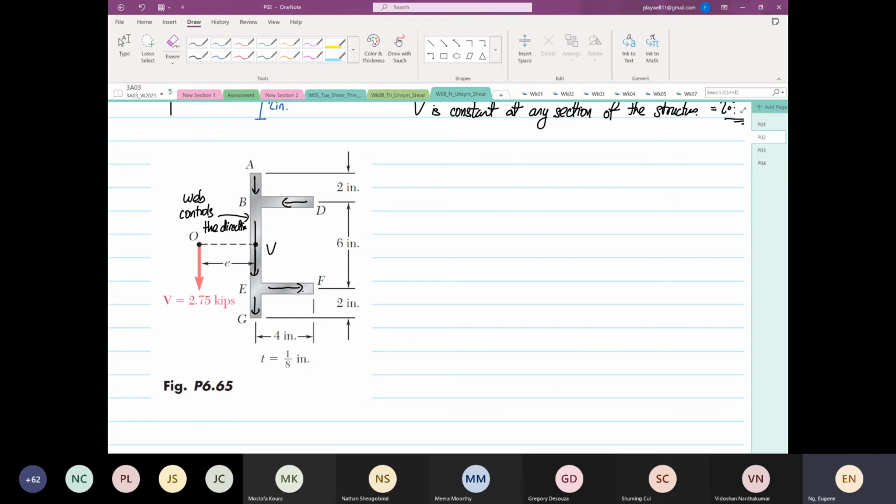Now we are going to label this. This arrow over here, we're going to label FBD, and this one FAB. Wait, let me see. Should we call it FAB or VAB? Because it's vertical, we're going to call it VAB. And this is VEG, and the horizontal, this is FEF.